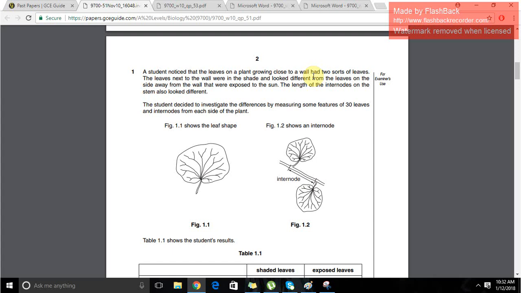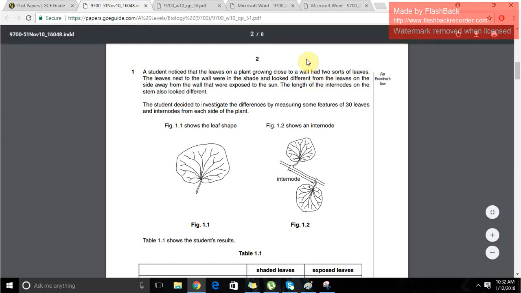And the student decided to investigate the difference by measuring some features of 30 leaves and internodes from each side of the plant. So 30 leaves were considered for each side of the plant.